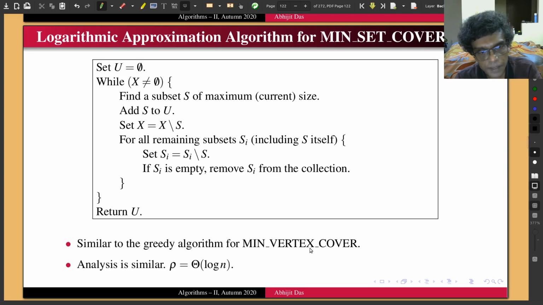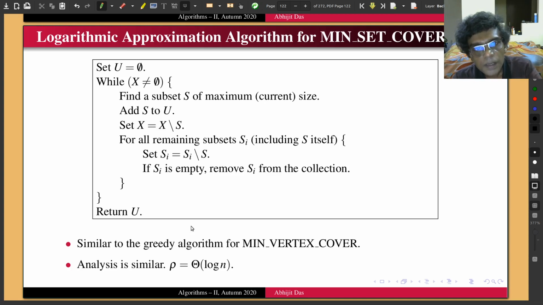I only mention that the analysis is exactly the same, and we arrive at an approximation ratio of theta log, and that is also tight, because the vertex cover tightness example is also an example of tightness for minimum set cover.